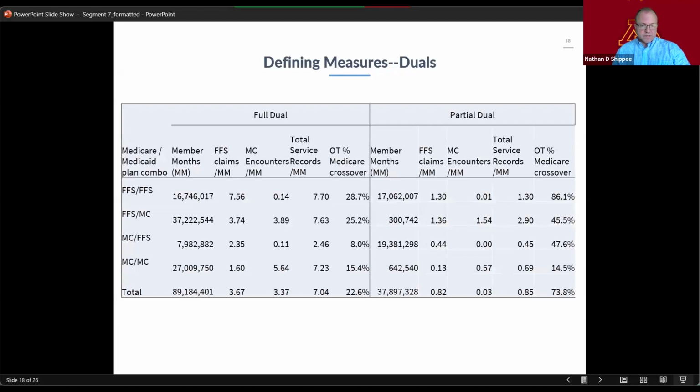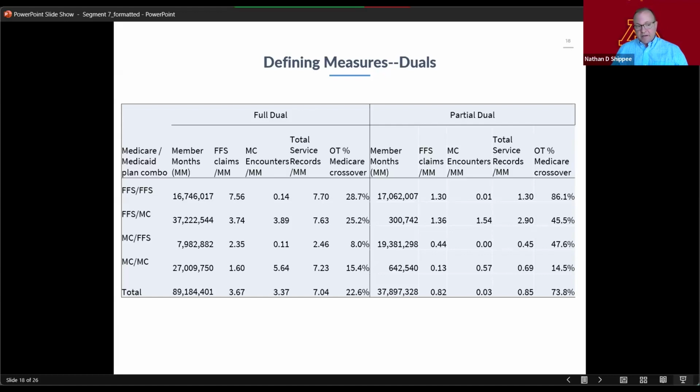So this is in this table. One thing I mentioned yesterday is that along the left-hand column, we have different combinations of Medicare and Medicaid. When you've got Medicare, you may have fee-for-service or managed care. So the first part is the Medicare part: is it fee-for-service or managed care?